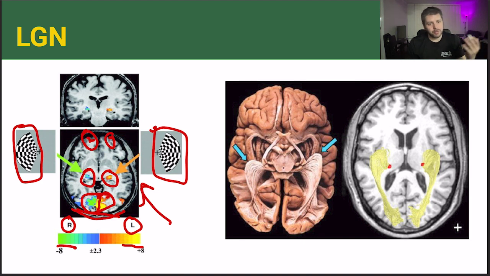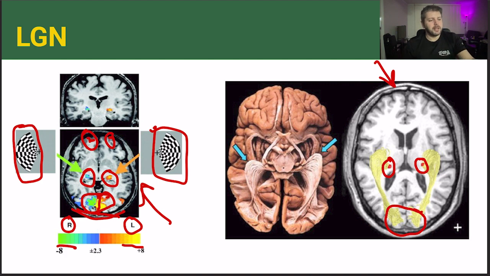And this is the kind of result that shows why that is the case. On the right we see an anatomical scan where someone has highlighted the left and right lateral geniculate nuclei, and at the back of the brain we have primary visual cortex.